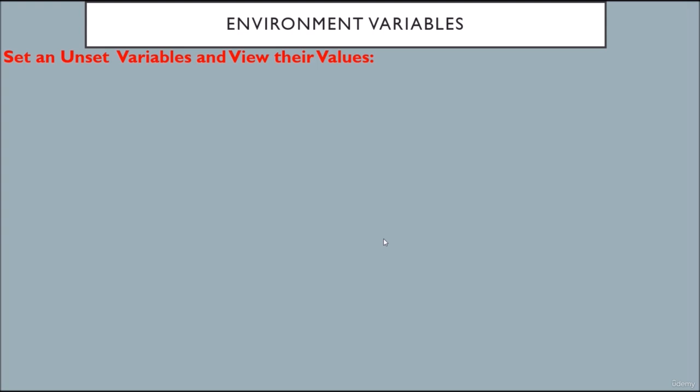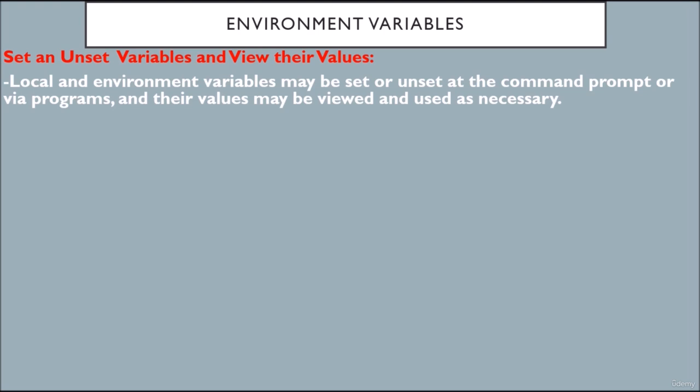Now you can set a variable and then you can unset a variable as well, and you can also view their values. Local and environment variables may be set or unset at the command prompt or through programs, and their values may be viewed and used as necessary.